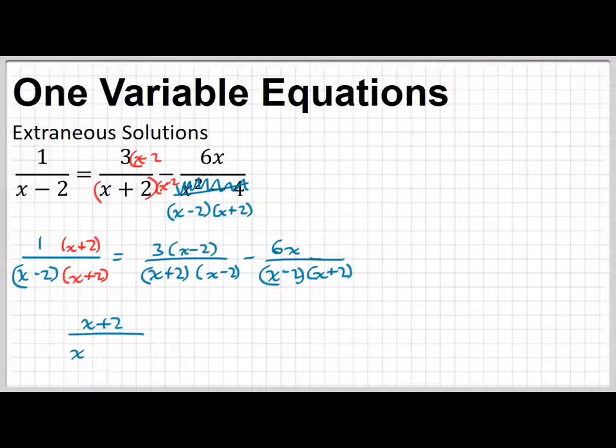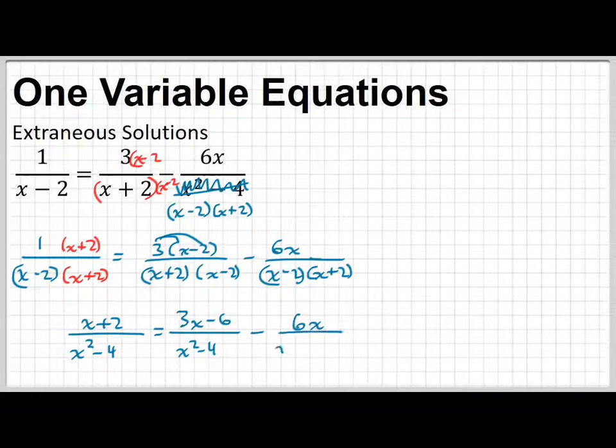I'm going to go ahead and make this back to x squared minus 4, left to right. And we have 3x minus 6. I get that by distributing this 3. On the bottom we have x squared minus 4. And then on the top here we have 6x, and then we have x squared minus 4. Okay, so now all the denominators are the same. So because all the denominators are the same, what we can do is we can multiply each side by x squared minus 4.